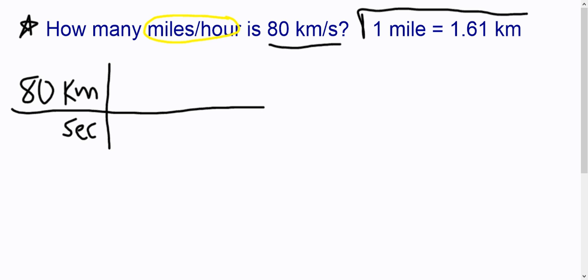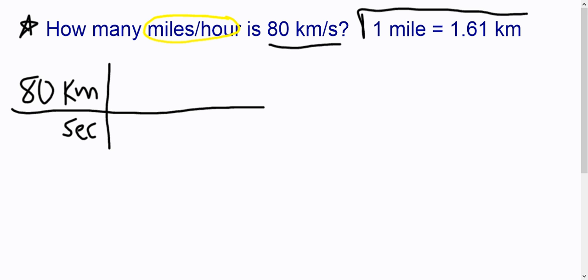Okay, neither one of our units on top or on bottom is in miles per hour yet. I'm going to start with kilometers here because you're hopefully pretty good at converting units that are on top.